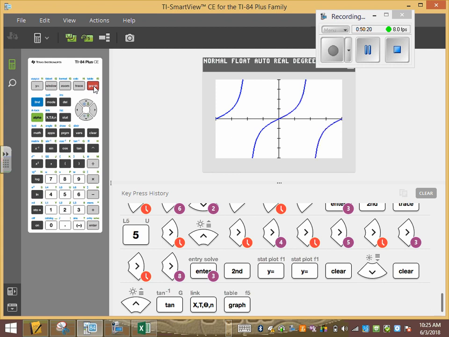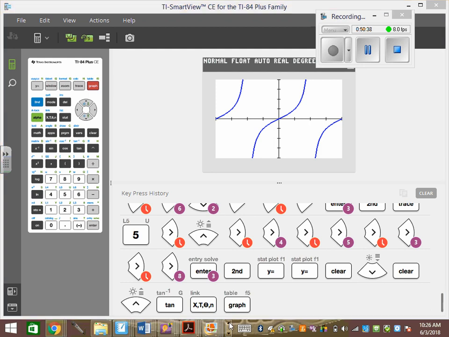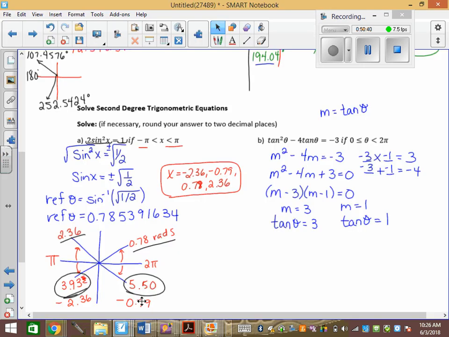It goes on forever up and forever down. It just has some asymptotes, places that don't exist. Like right here and right here, they don't exist. But the graph actually goes on forever, Y-wise. It's just that X doesn't exist in some cases. So tan theta equals 3 is just fine.